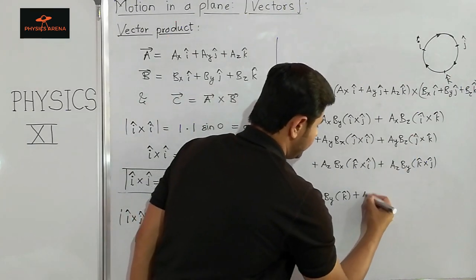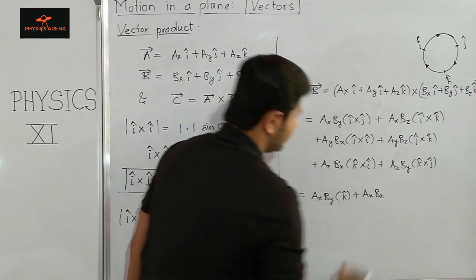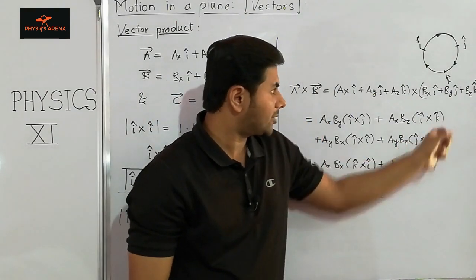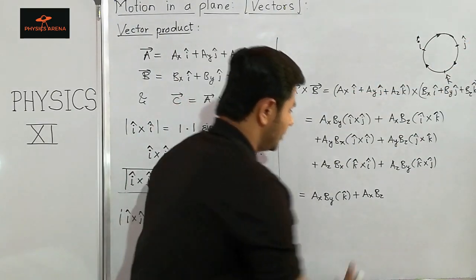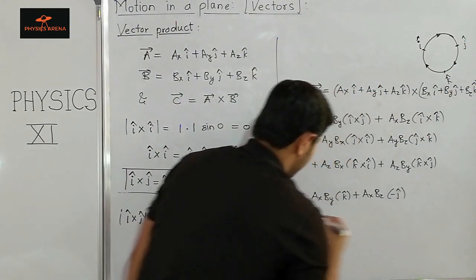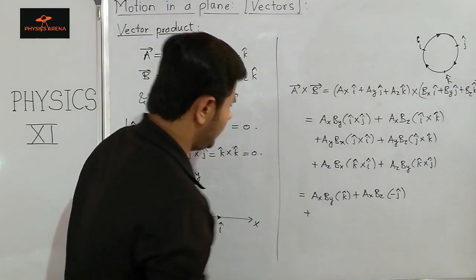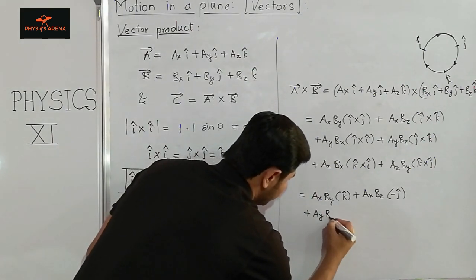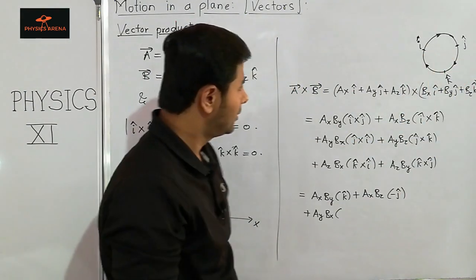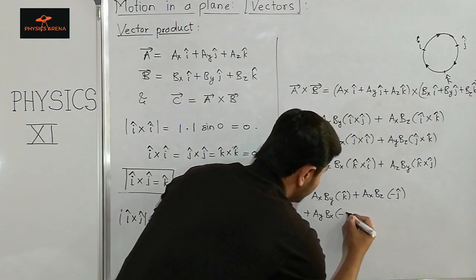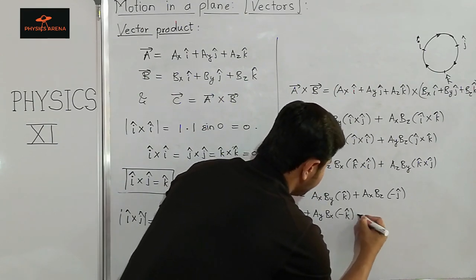Then ax bz times i cross k, opposite direction, so minus j cap. Plus ay bx j cross i, minus, because we are going in opposite directions, so minus k cap.